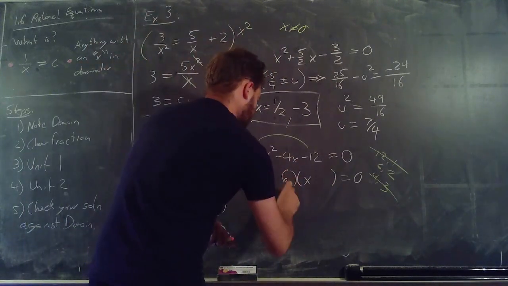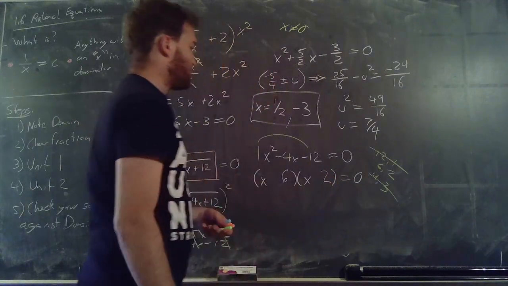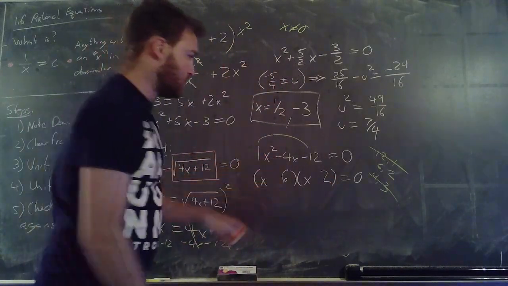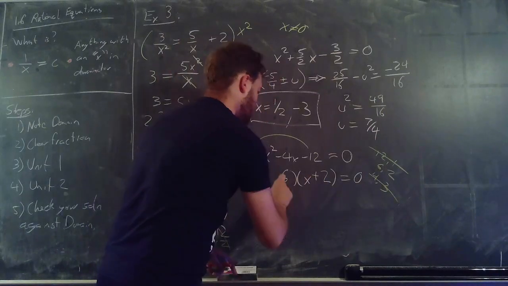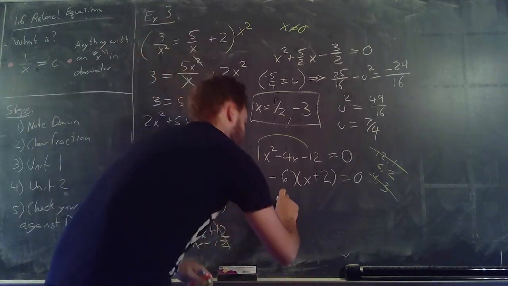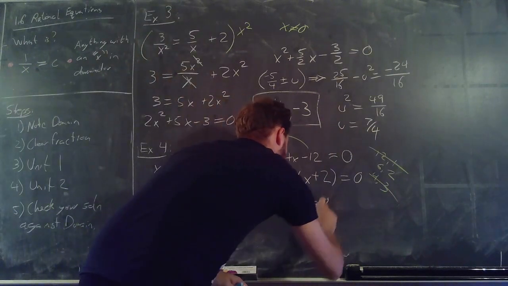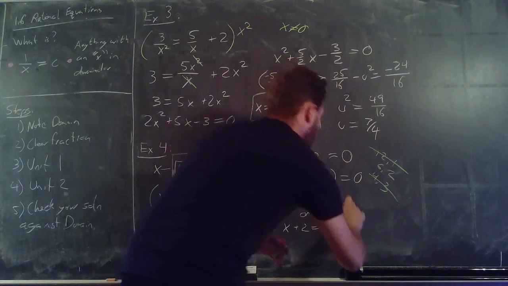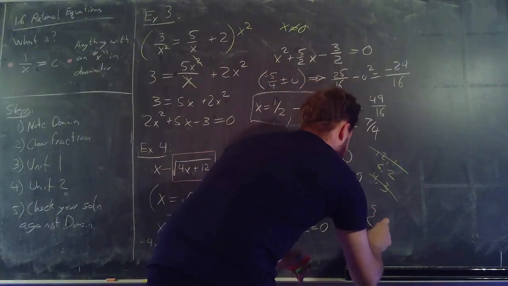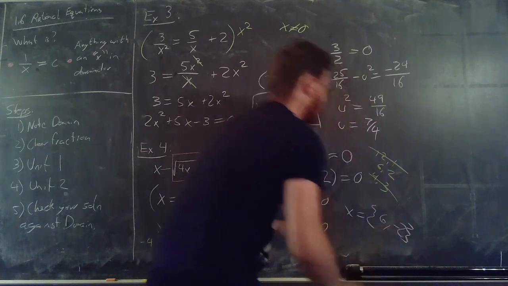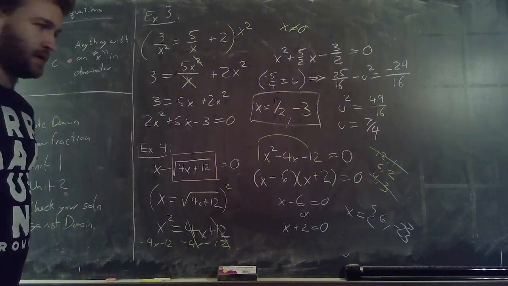So one of these numbers is a 6, the other one is a 2. To make negative 4 with a 6 and a 2, I could take positive 2 and subtract 6 from it. And now I have my two cases, either x minus 6 equals 0 or x plus 2 equals 0, which informs me that my solution set is x is either 6 or negative 2, and I'm done.